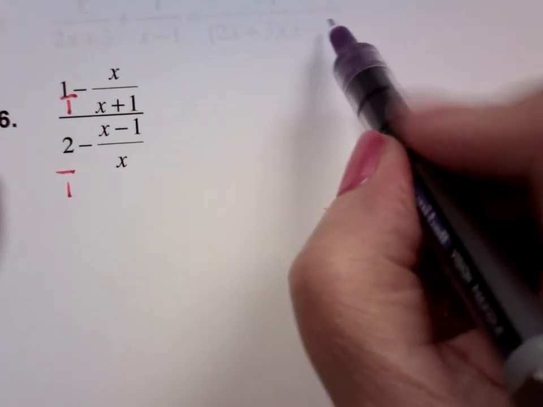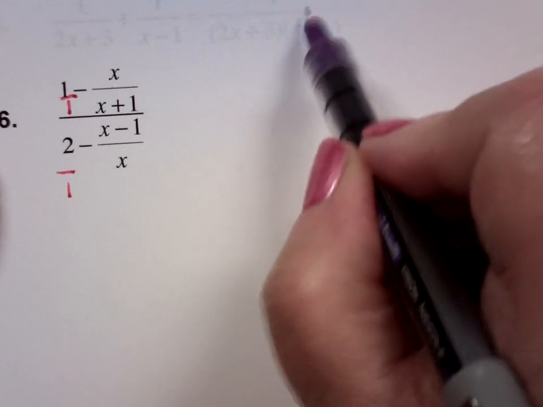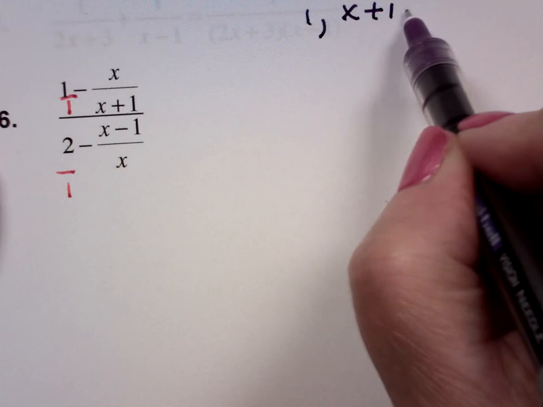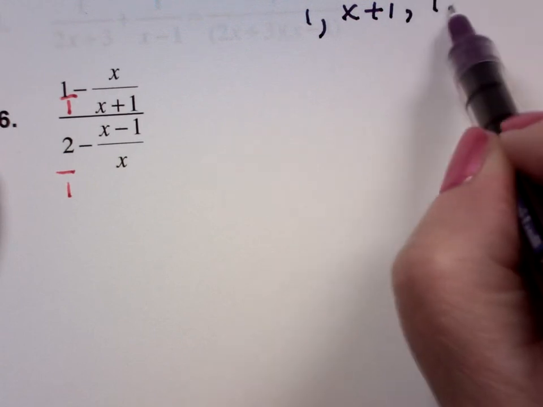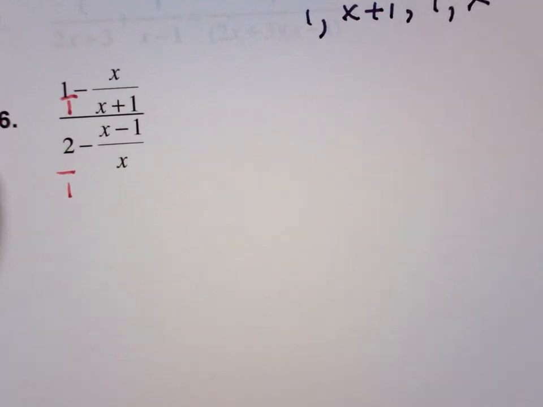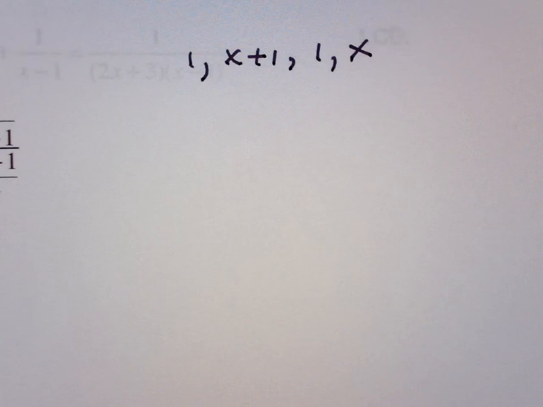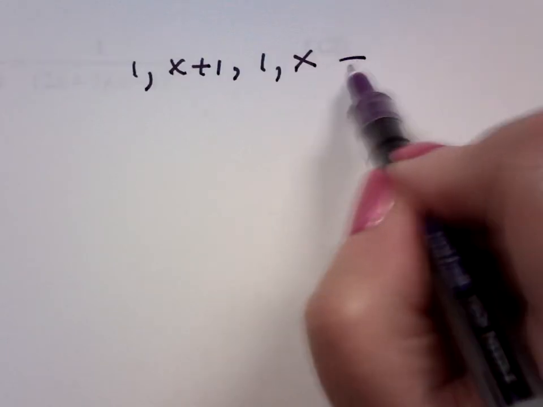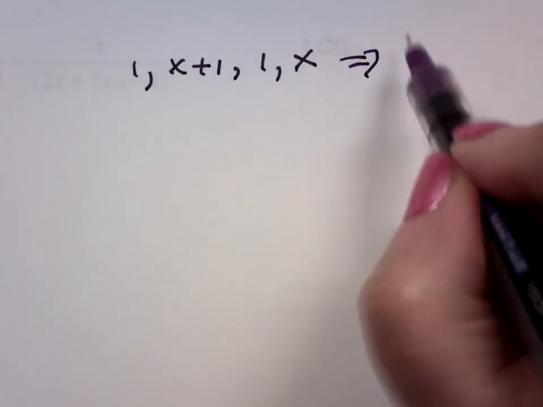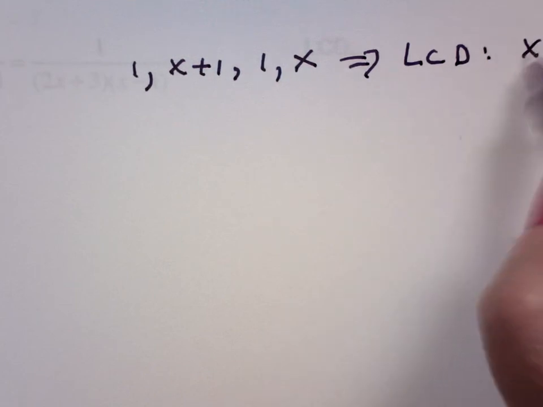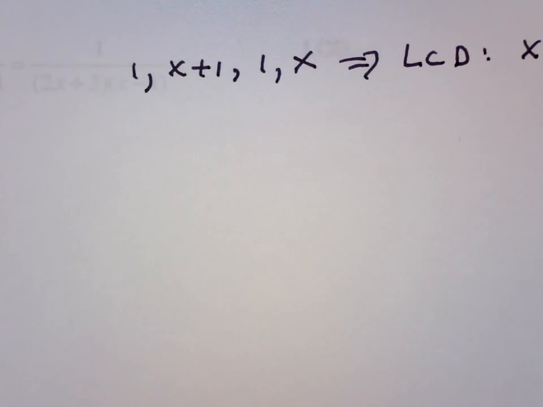And if I look at the denominators, I have a 1, an x plus 1, a 1, and an x. So in this instance, the LCD is just going to be x times x plus 1. And that's between the numerator and the denominator.